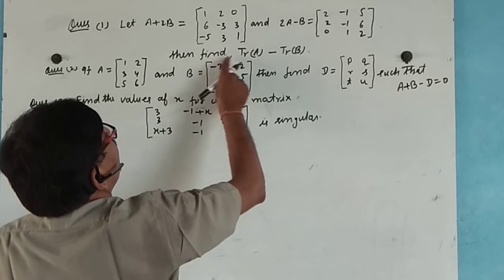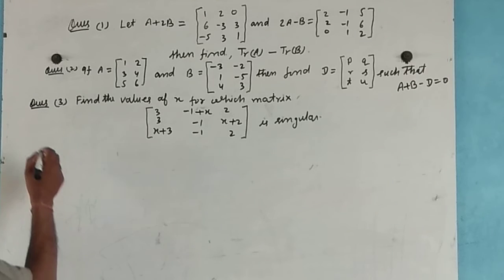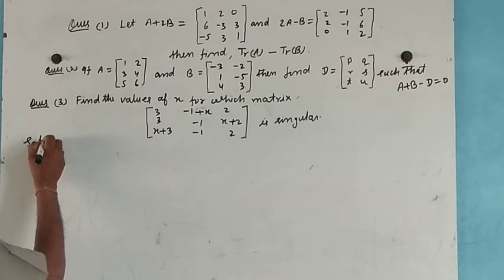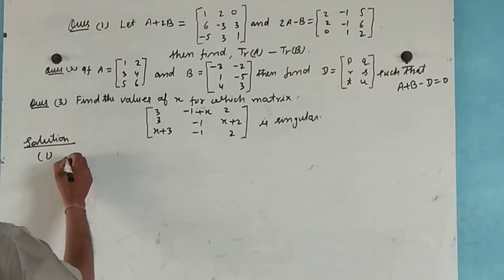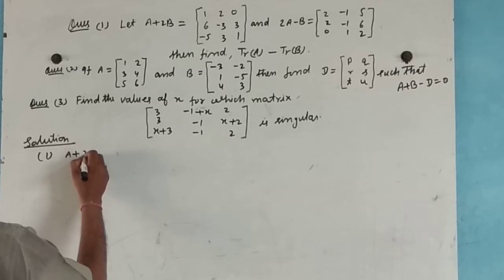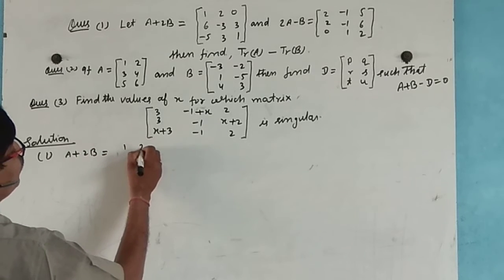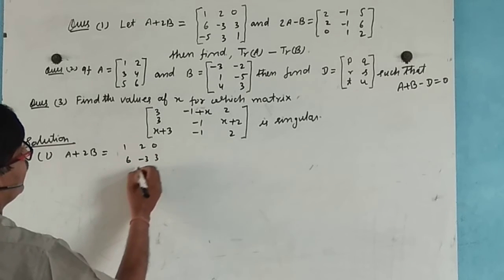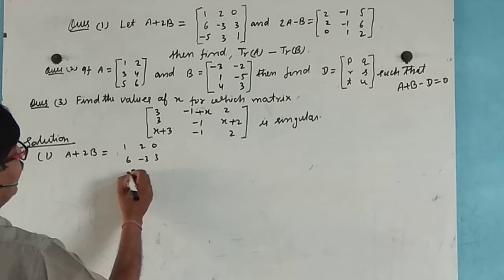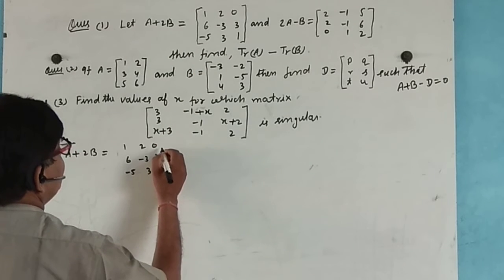Then find trace A minus trace B. Now the solution: given matrix A plus 2B equals 1 2 0, 6 minus 3 3, minus 5 3 1.